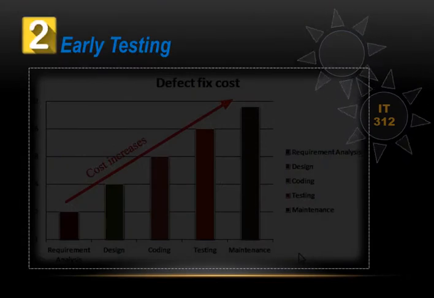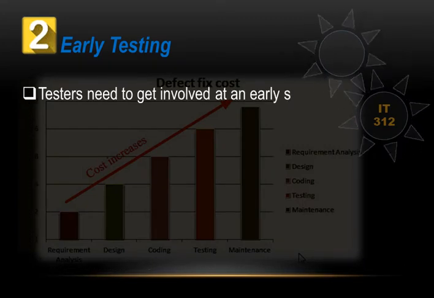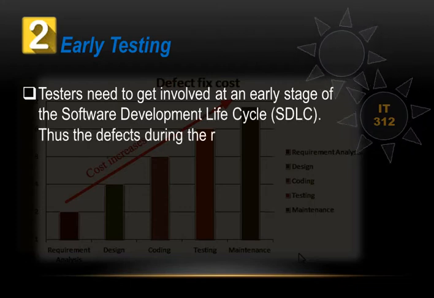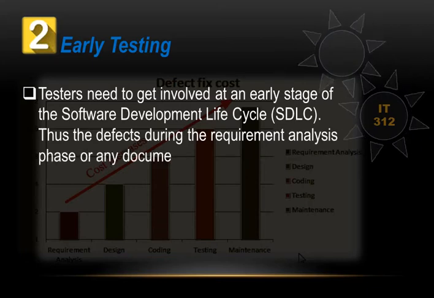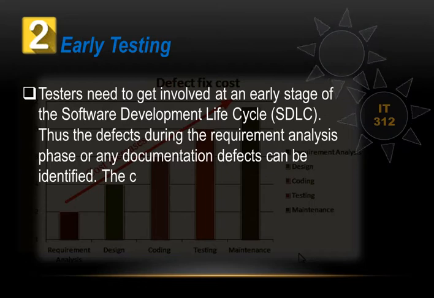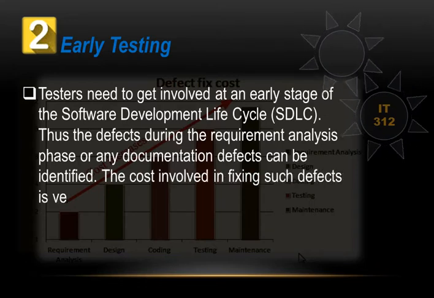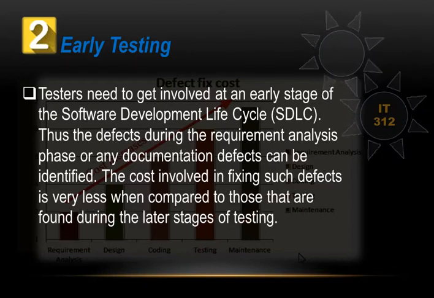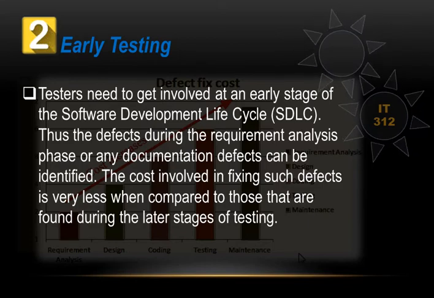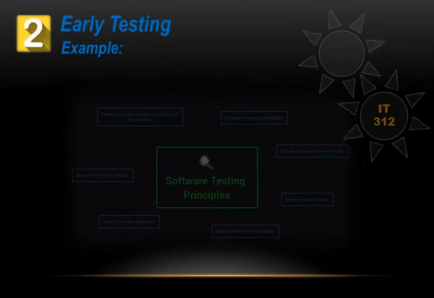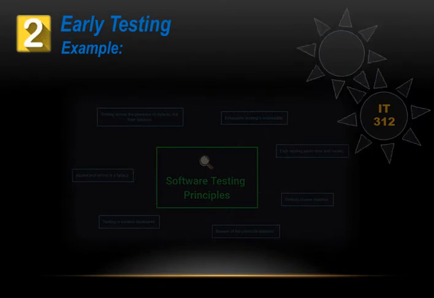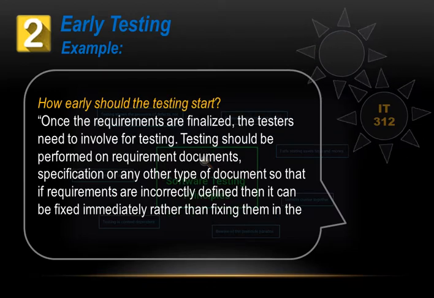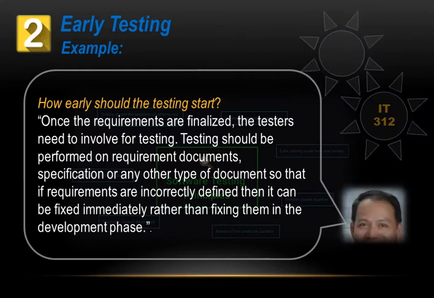Number 2 of the software testing principles: early testing. As for an early testing example, let's begin with the question: how early should the testing start?